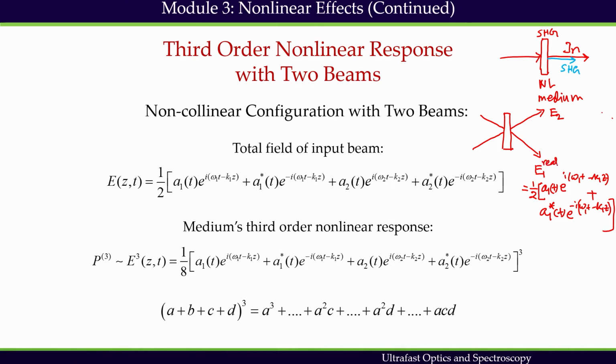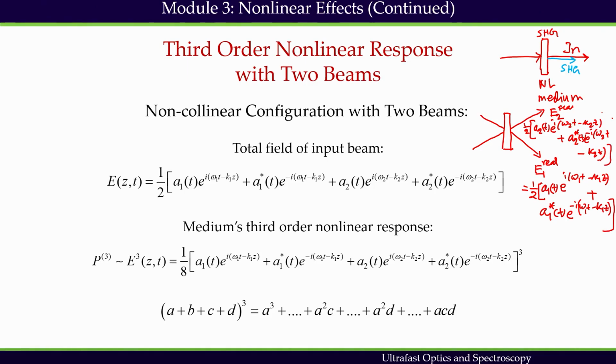This is the real field of the first beam, and similarly the real field of the second beam can be written as half of A2(t) e to the power i(omega2 t minus k2 z) plus A2 star(t) e to the power minus i(omega2 t minus k2 z).